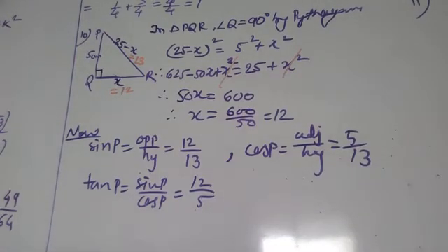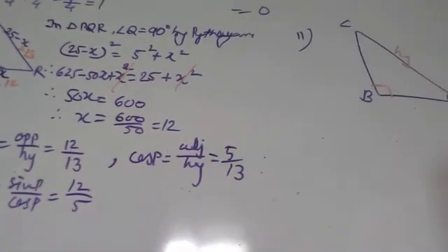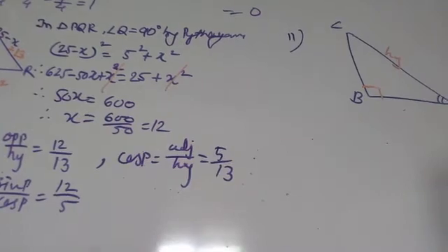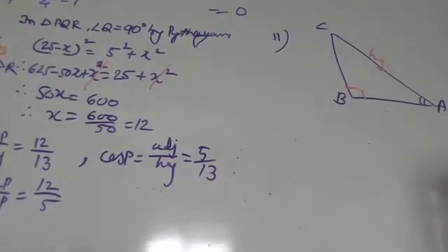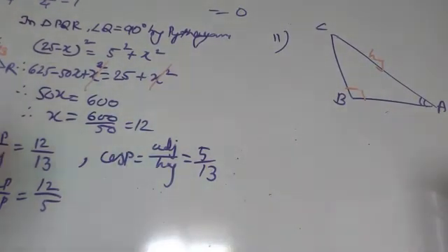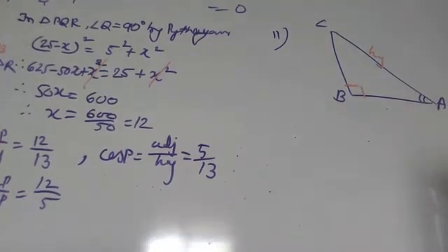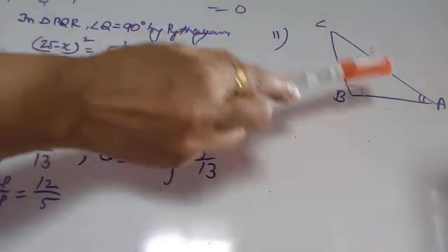In question number 11, the first statement is that the value of tan A is always less than 1. For this we have drawn the diagram. What is tan? Tan is the opposite to the adjacent.